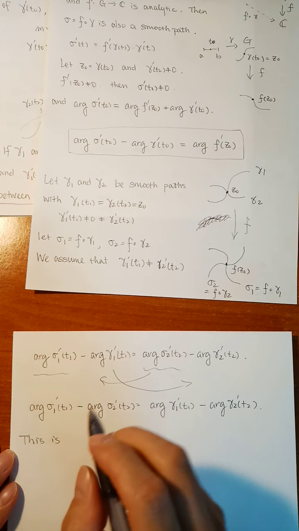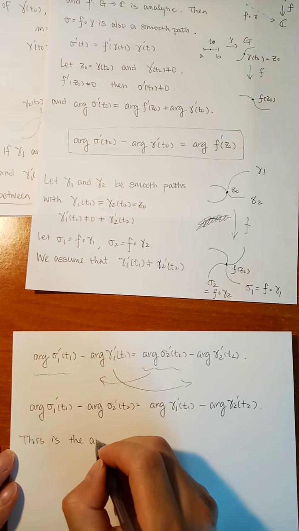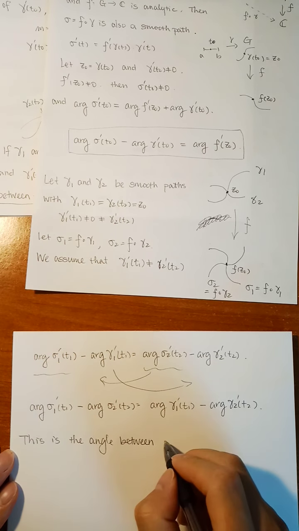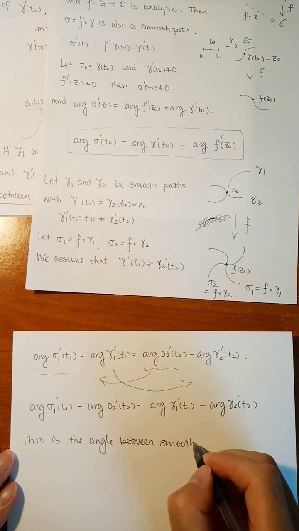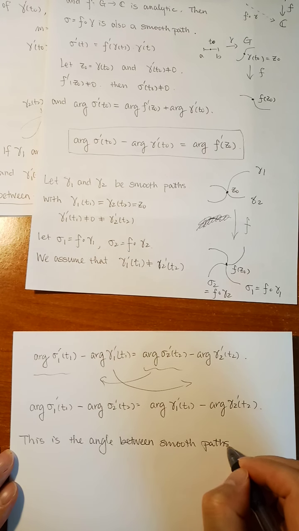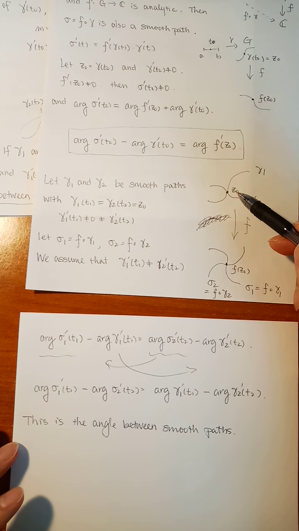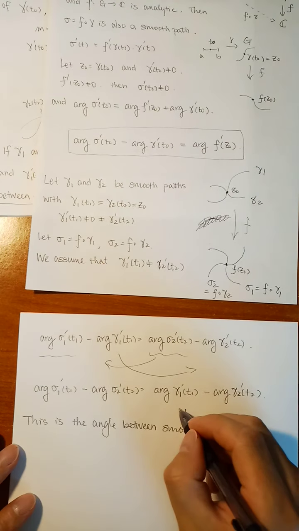This is the angle between smooth paths. So this is the angle between the pre-image paths, and this is the angle between the image paths.